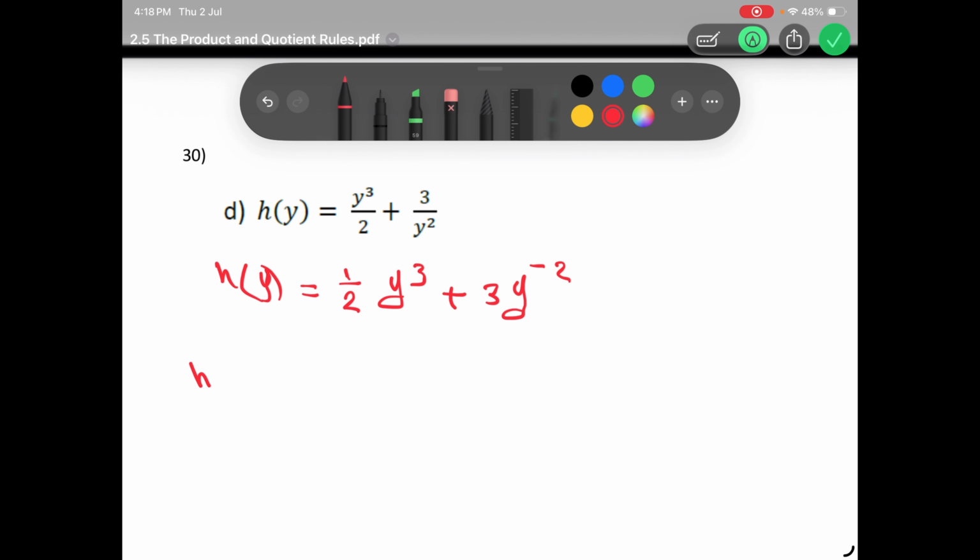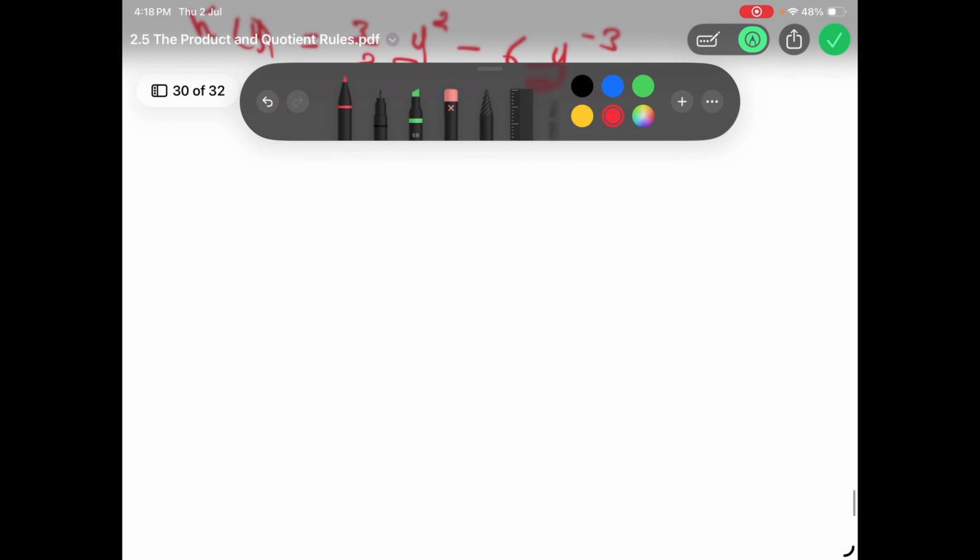Now we can find the derivative easily. So 3 times 1/2, it will be 3 over 2. Then y to the power of 2, minus 2 times 3, it will be minus 6 y to the power of minus 3. That's it.